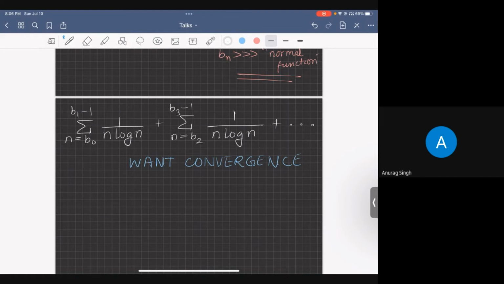We want a convergent sequence like this one, 1 by n. We need to find such a convergent sequence of 1 by n log n. And then we do not need to put many restrictions. We can just take some larger n, and we will not have much problem. Yes, exactly. You're right.